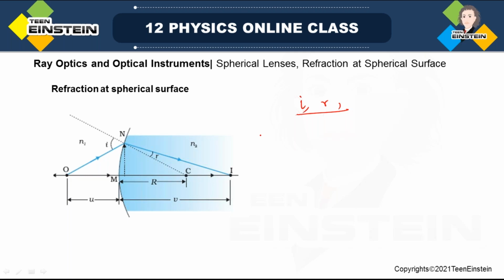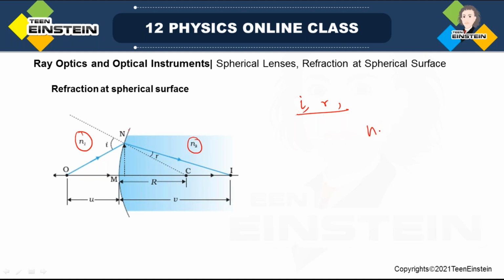Okay? So see in this figure, this NM is a spherical surface, see, this is the interface. Suppose this is the spherical interface and you have two transparent media over here. One is having refractive index N1, another one is having refractive index N2.